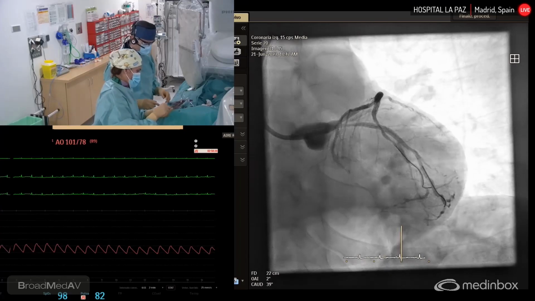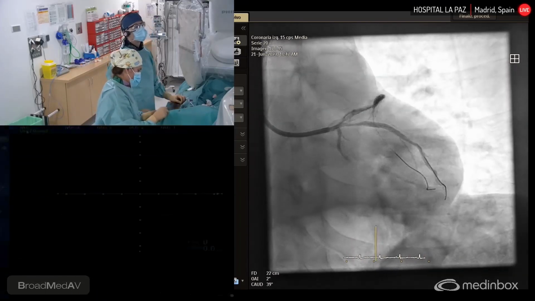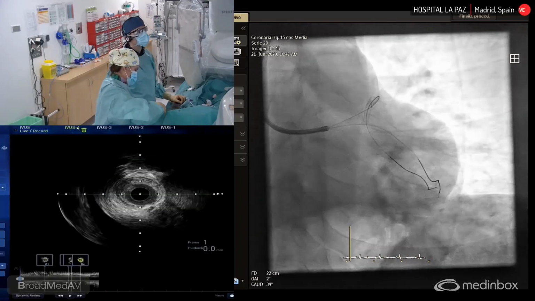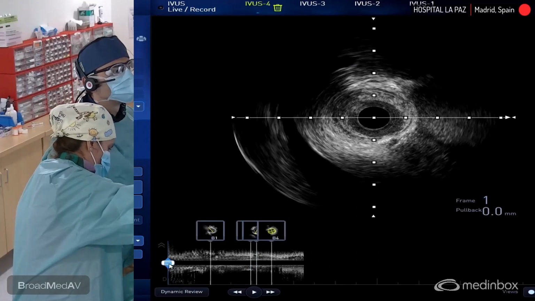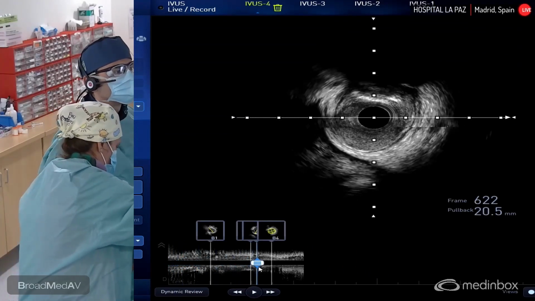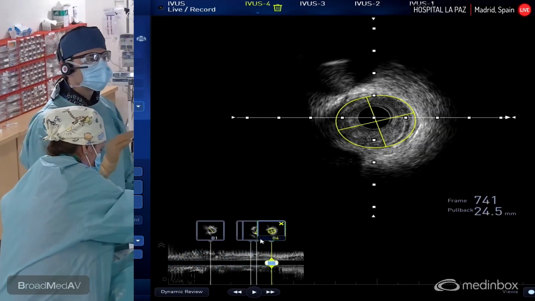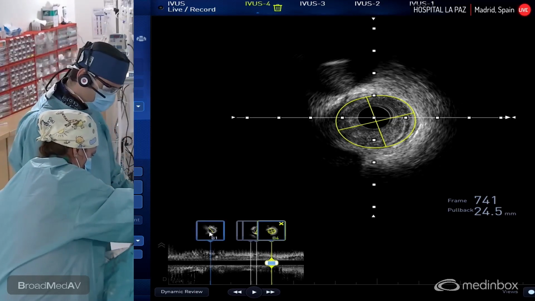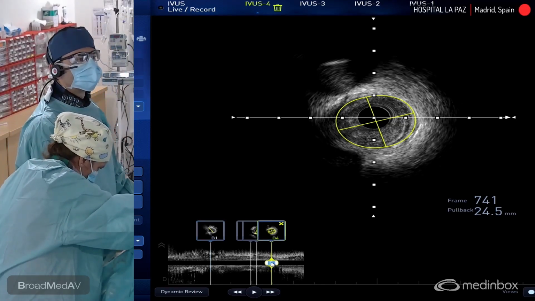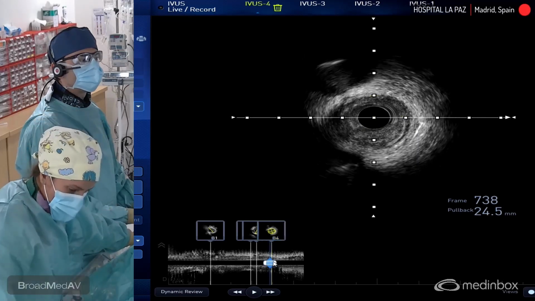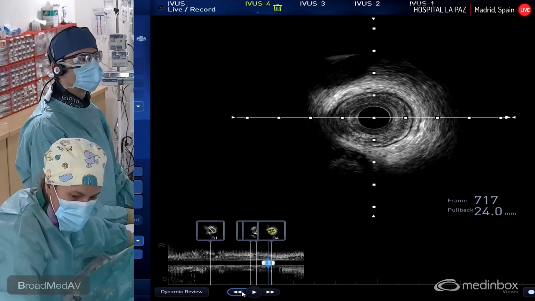Borja, can you put the initial IVUS of the intermedius branch? We're going to check now again the ostium. Can you do several measures at different parts of the ostium? Go frame by frame.